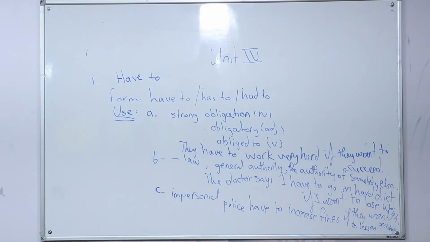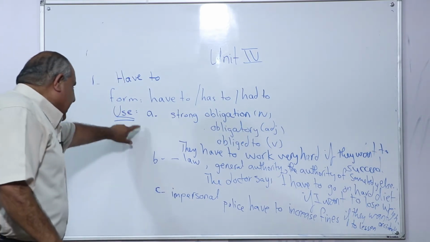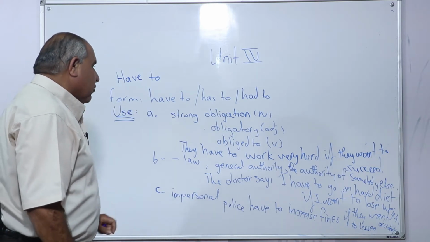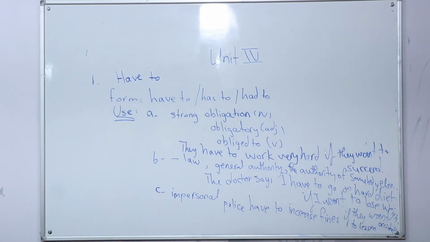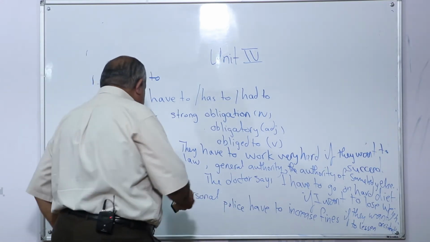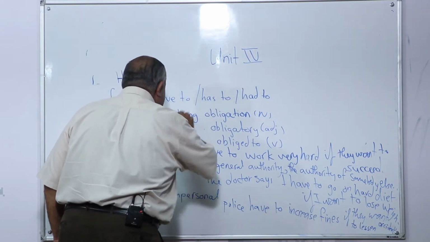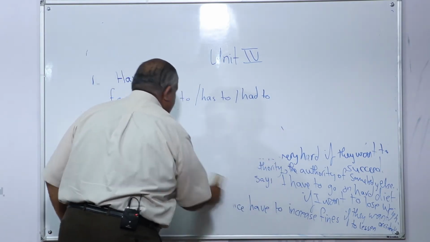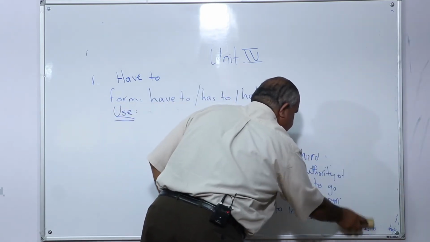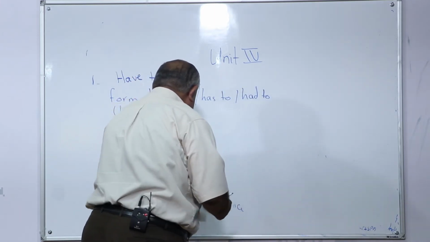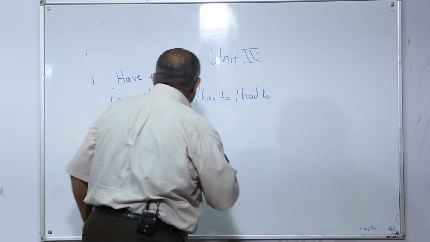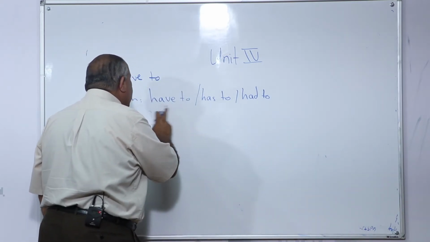So A and B and C are the uses of have to. Generally speaking, we talk about strong obligation, general obligation, and obligation which is impersonal. Still one more point that we must talk about regarding have to, which is that have to can be used in all forms.